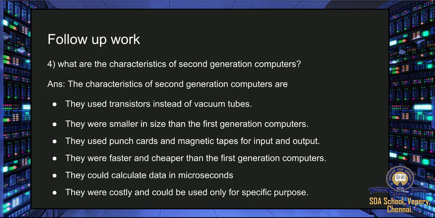Answer: the characteristics of second generation computers are: they used transistors instead of vacuum tubes, they were smaller in size than the first generation computers, they used punch cards and magnetic tapes for input and output devices, they were faster and cheaper than the first generation computers, they could calculate data in microseconds, they were costly and could be used only for specific purposes.